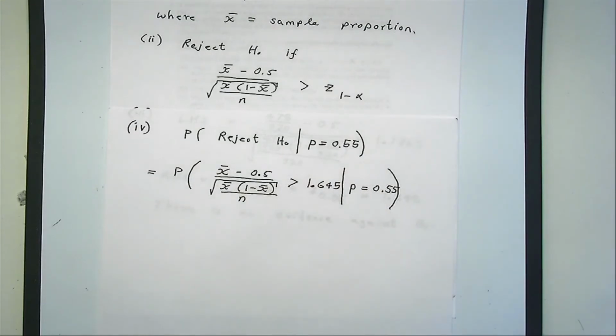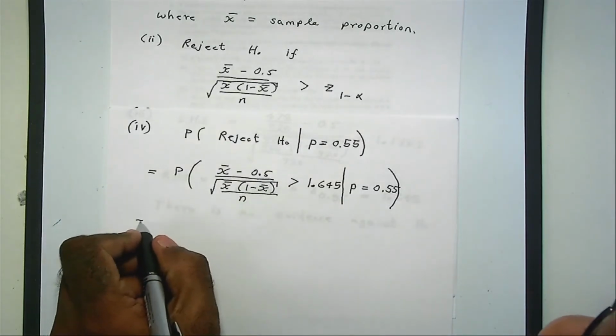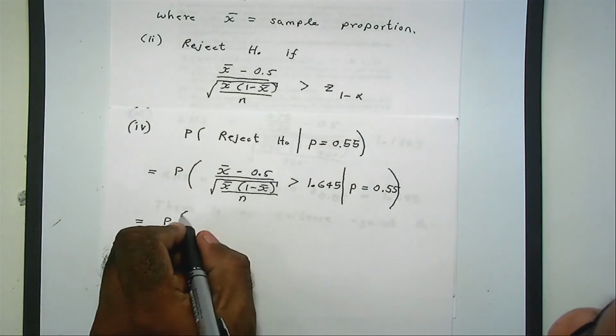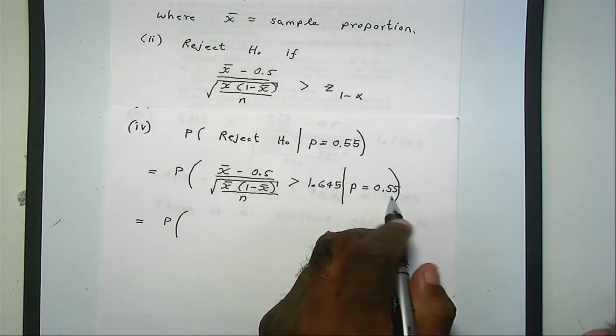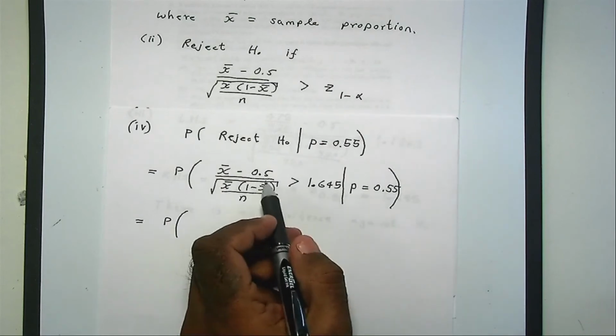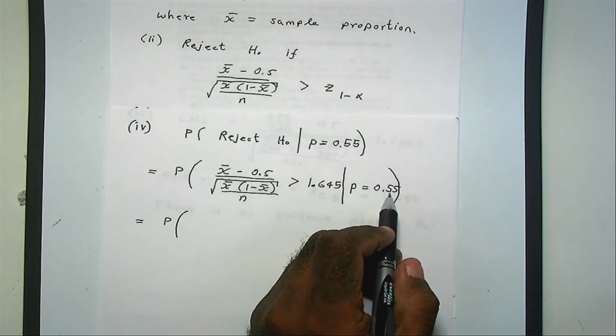All right. Now, I'm going to tell you how to derive this. Now, the true value of p is no longer 0.5. Rather, it is 0.55.